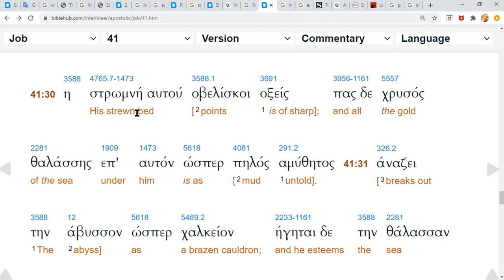And his strong bed is of sharp points, and all the gold of the sea under him is as mud untold. And so these numbers here are trying to tell you that this should read untold mud, as is untold mud. Same as here, they're trying to tell you it should be read his strong bed is of sharp points.